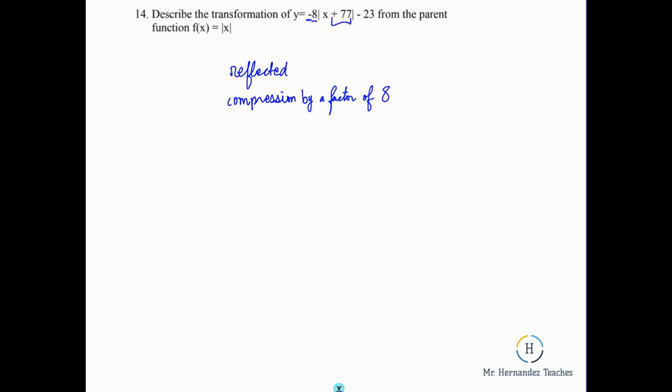So plus 77, that does the opposite of what you think, so left 77. And then minus 23, that does what you think, so down 23.